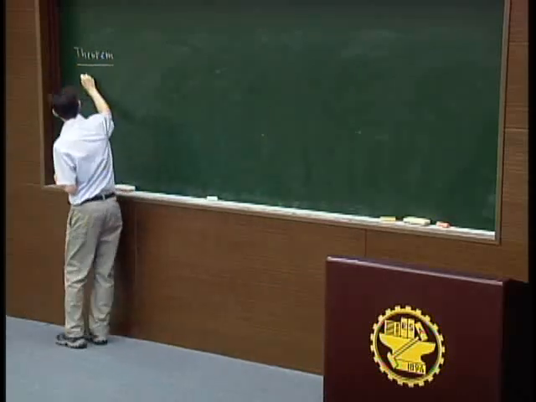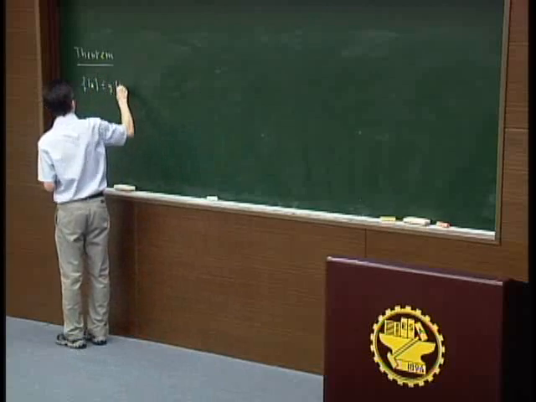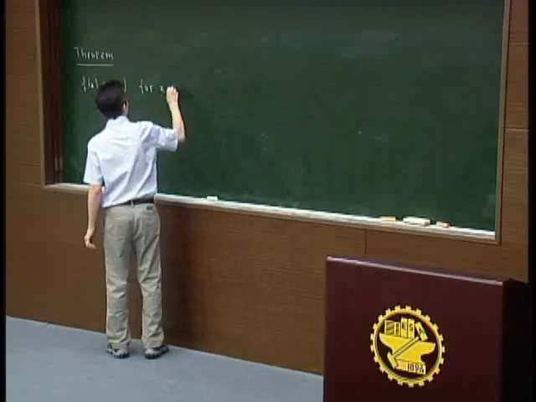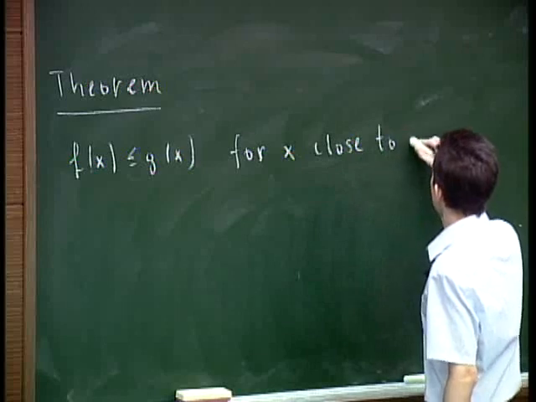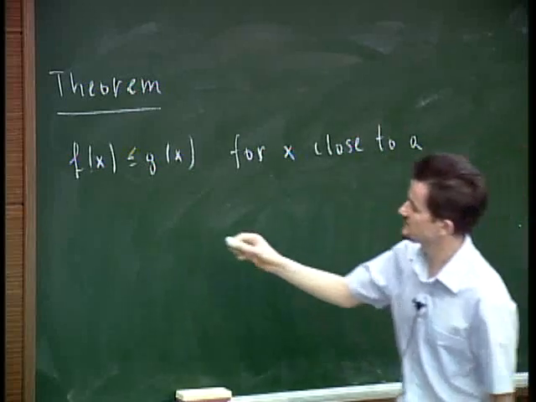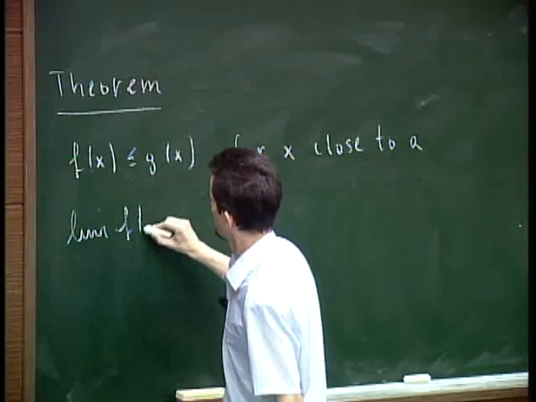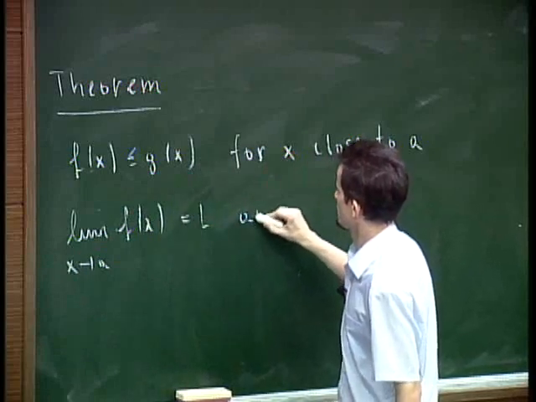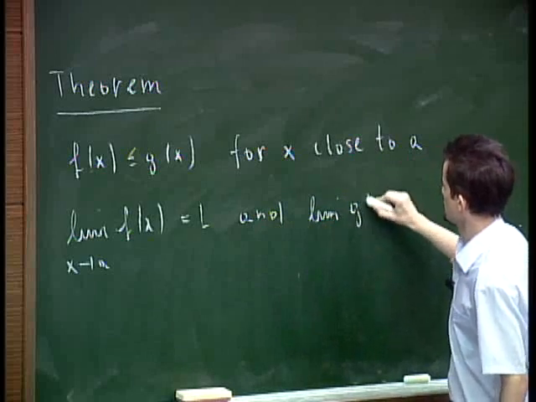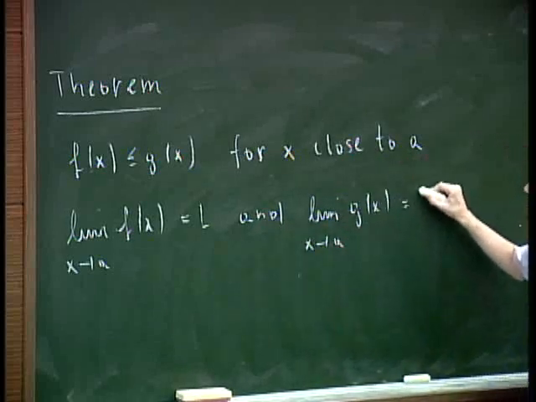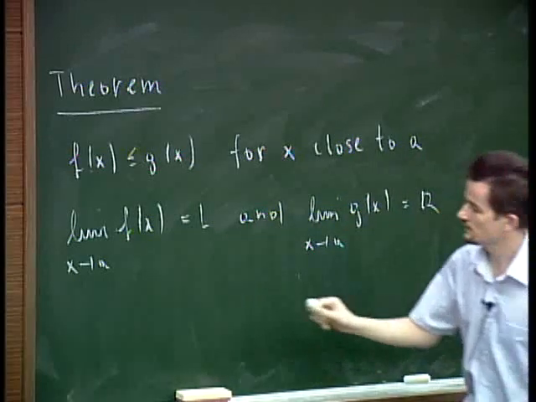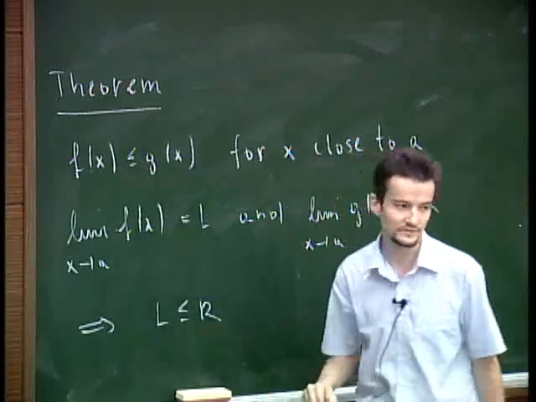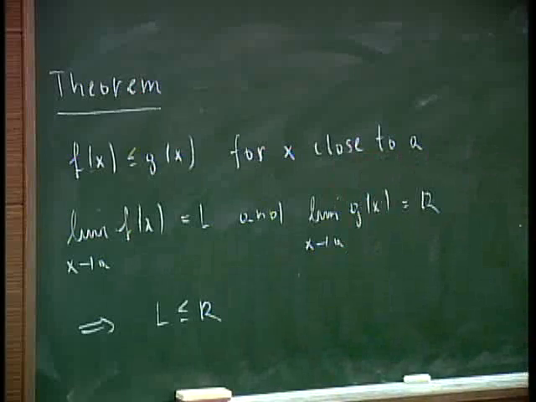The first one is: if you have two functions and you know that f of x is smaller or equal than g of x for x close to a, and you know that the limits both exist, then you can conclude that L is smaller or equal than R. Okay, so this is obvious, I guess, from the definition of the limit.